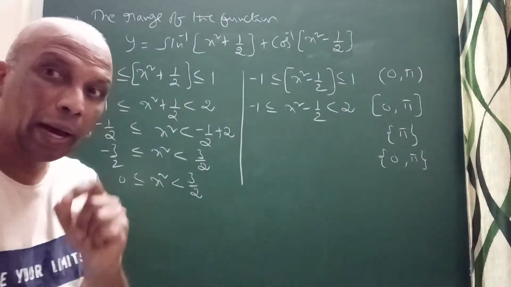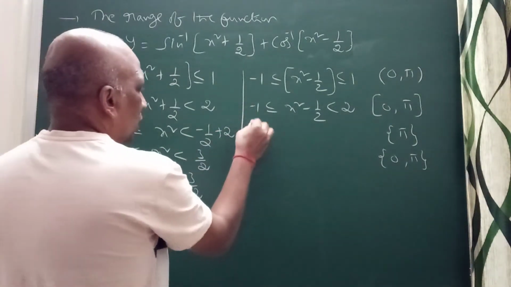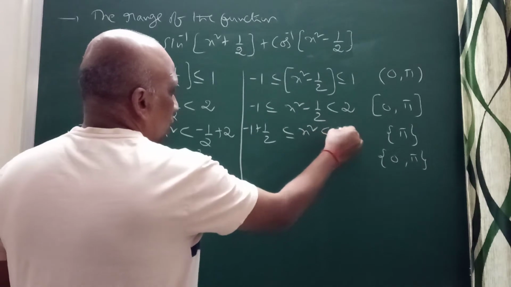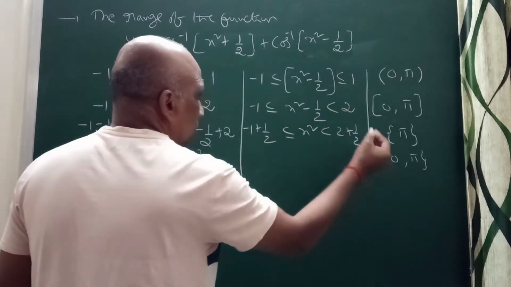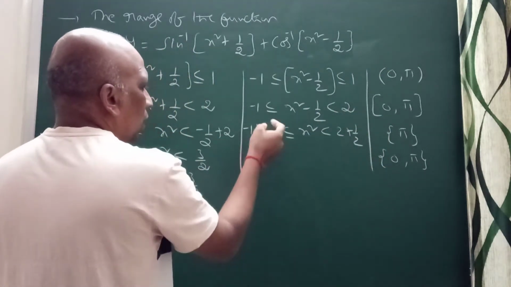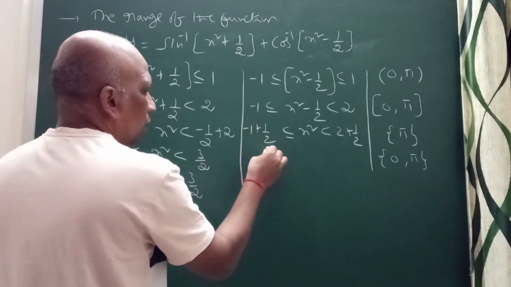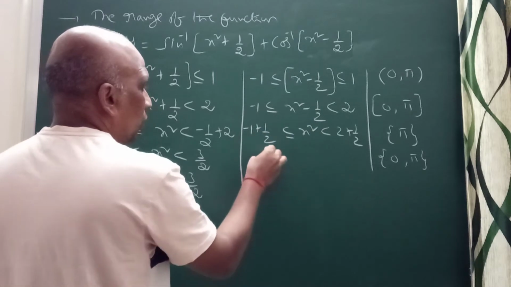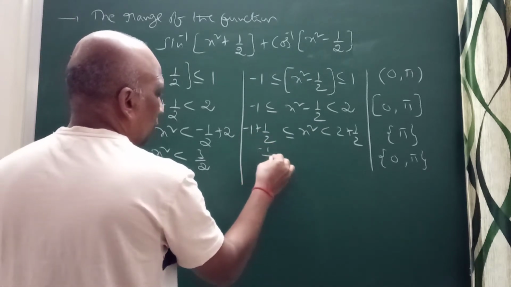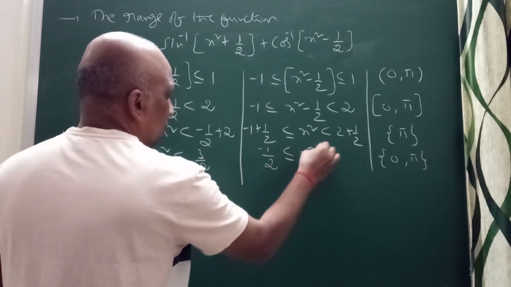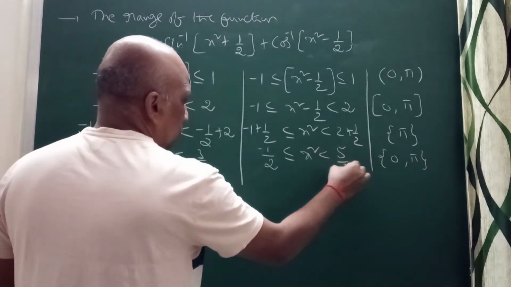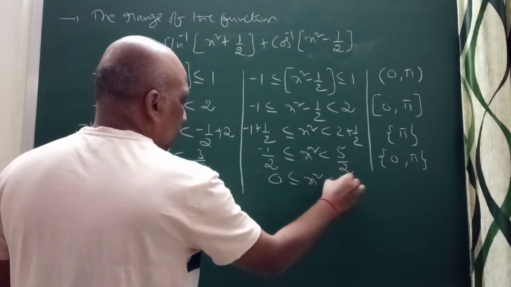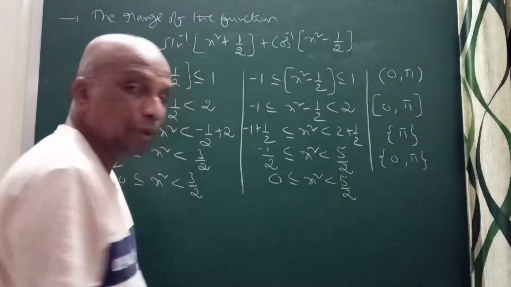Now add 1 by 2: minus 1 plus 1 by 2, and 2 plus 1 by 2. So you will get minus 1 by 2 less than or equal to x square less than 5 by 2. Here also the same thing: 0 less than or equal to x square less than 5 by 2, since it can never be negative.